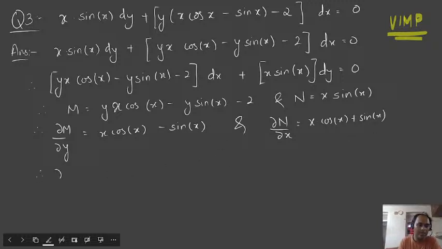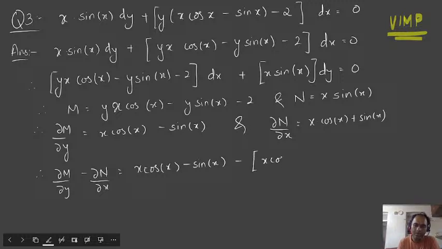Now let us calculate the quantity ∂M/∂y minus ∂N/∂x. When we calculate this quantity, it is x cos x minus sin x minus x cos x plus sin x.